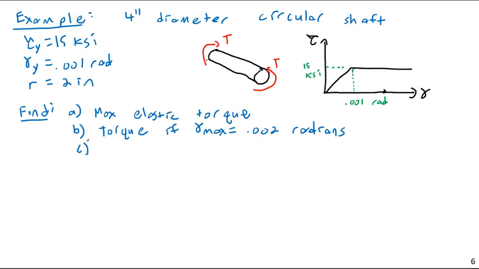In other words, find the maximum value we can ever take T to, even if we don't care at all about completely exceeding the yield stress throughout the section. So what is the maximum we can ever get out of this thing? So fully plastic torque. So let's run down the list and go through this. So A, max elastic torque.